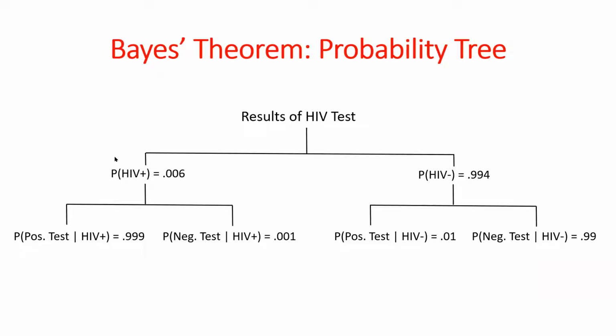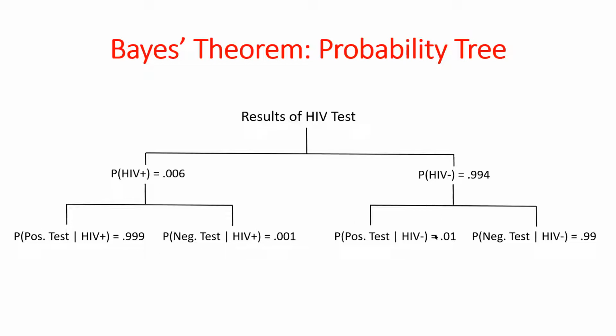You were only given this, but you know that this row of the tree has to add up to 1, right? So once you knew one of them, you automatically knew the other. Then over here on this branch, I'm going to be conditioning on this state of nature. So I condition on being HIV positive. The probability I see these two outcomes, a positive or a negative test, I know these probabilities have to add up to 1. And I was given this one, so I could then derive that.